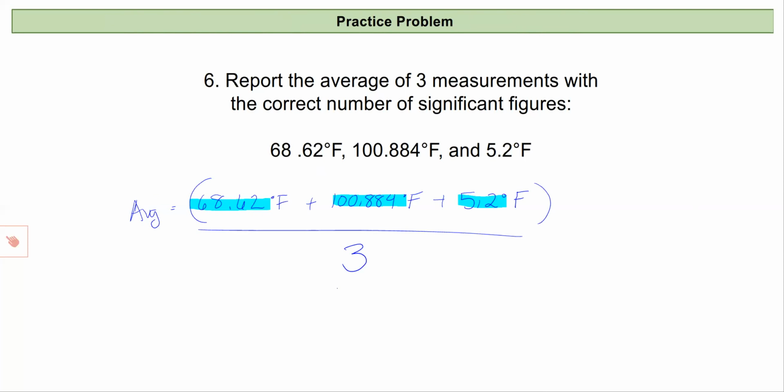But my 3 was a counting number, it was exact. So to do this calculation, I'm first going to add everything in parentheses and then divide. So this is 2 steps, essentially. My first step, I'm going to use my addition and subtraction rule. And for my second step, the multiplication and division rule for my significant figures.